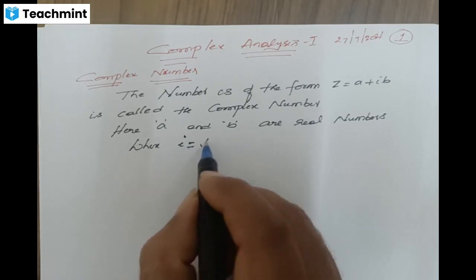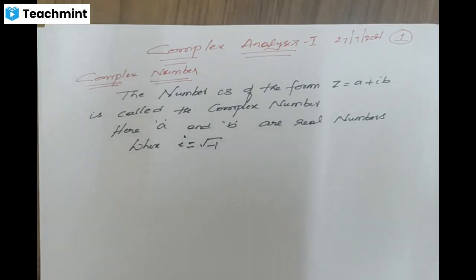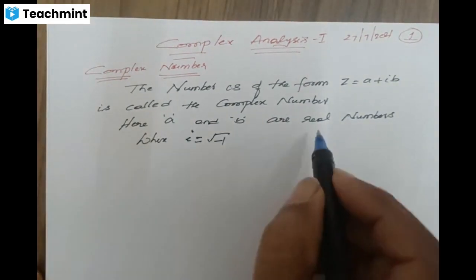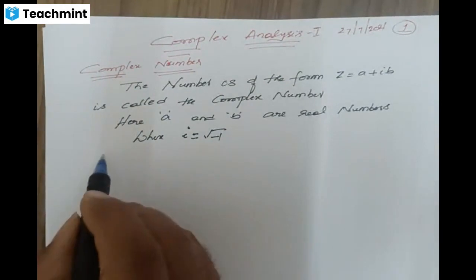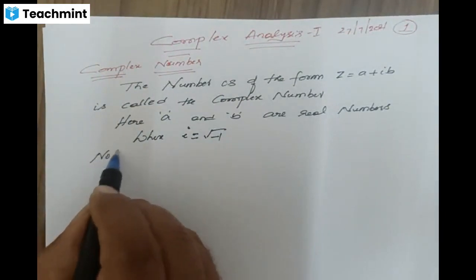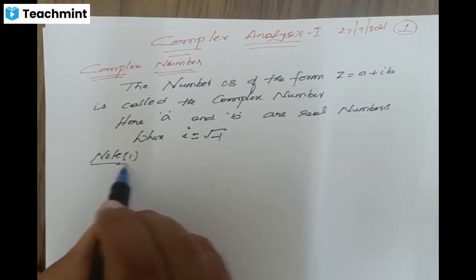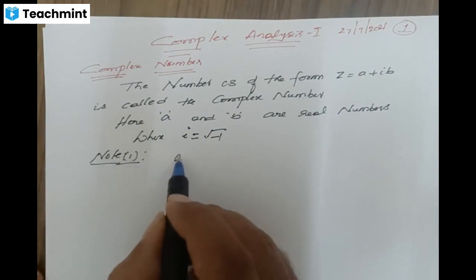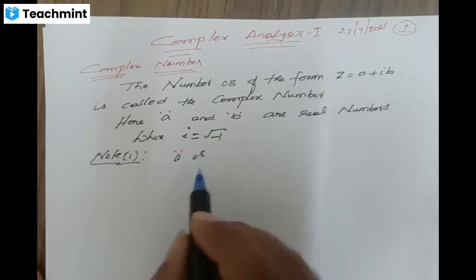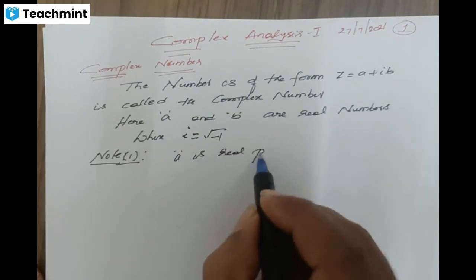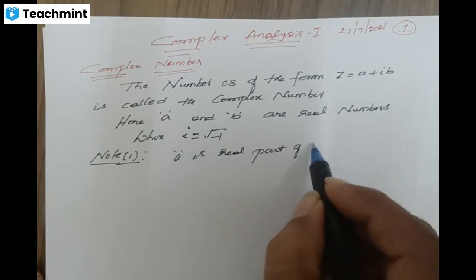Where i is equal to root of minus 1. So in this z equal to a plus ib, I need to write some important concepts in the notes. Note 1: a is the real part of z.